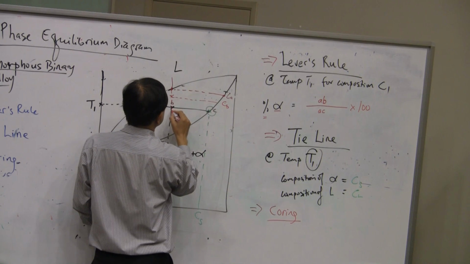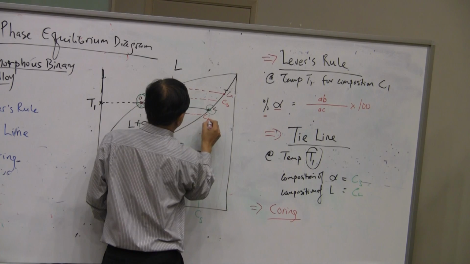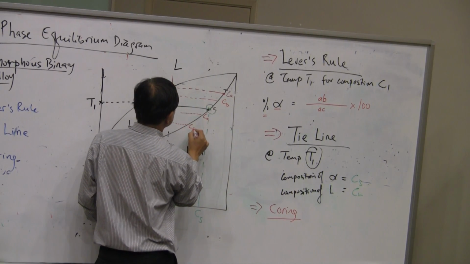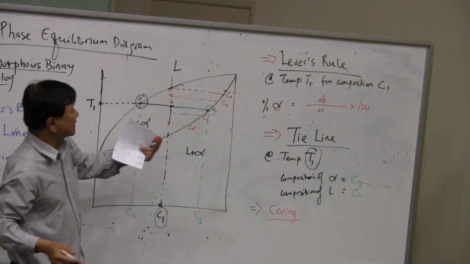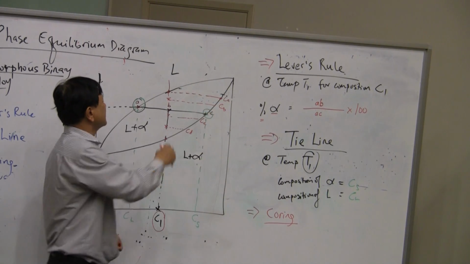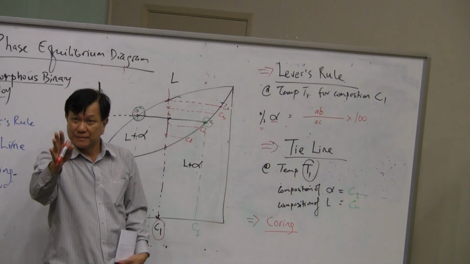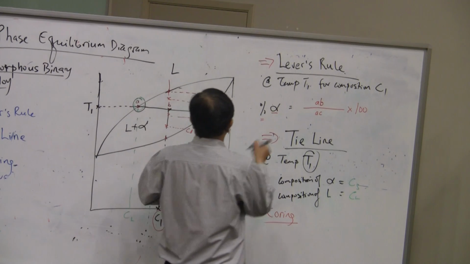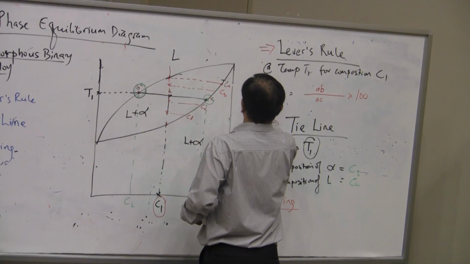At this point here, maybe you will have composition C. This point here will have composition E. Can you see? If I were to have the tie line, my first solid to form will be what?